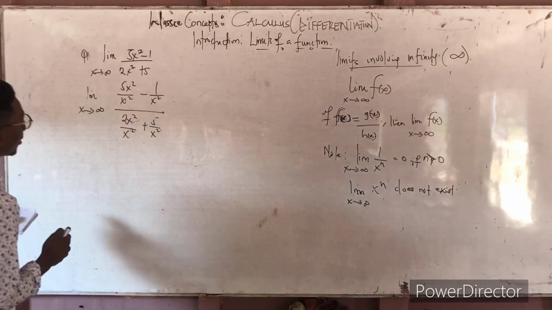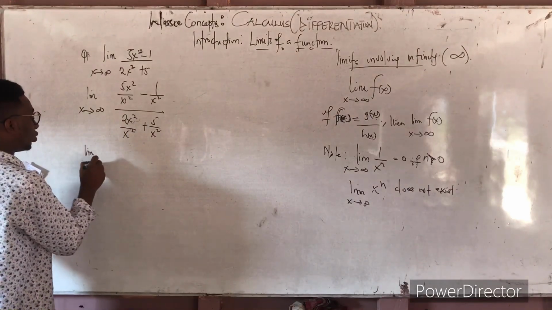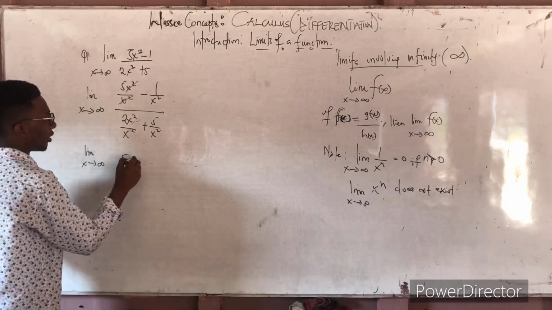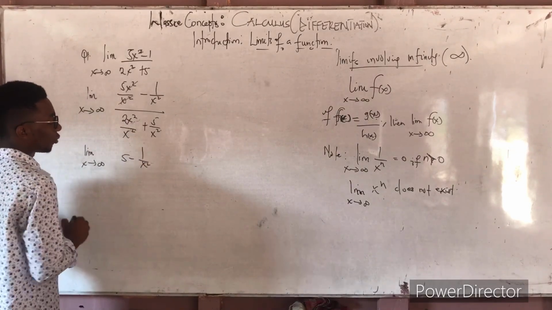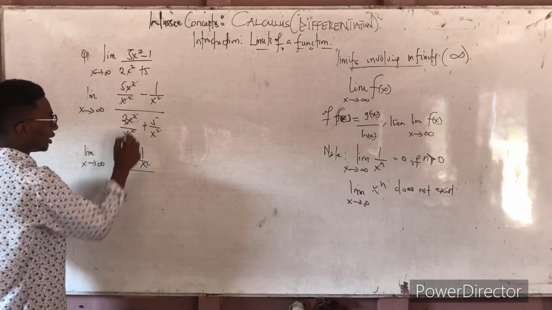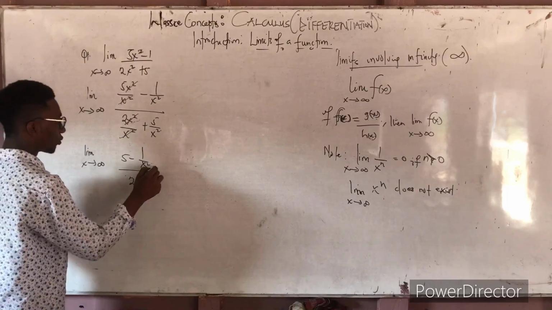Now when you do this, the x squared takes this away, so we get 5 minus 1 over x squared, all divided by 2 plus 5 over x squared.